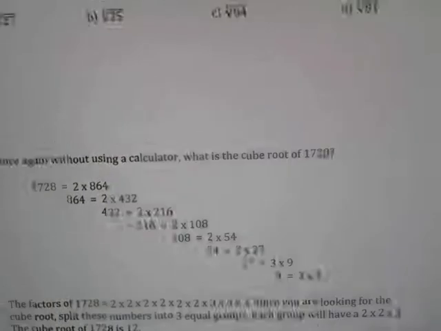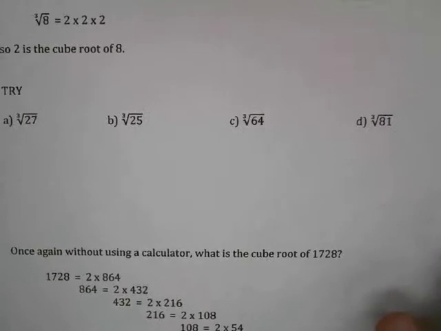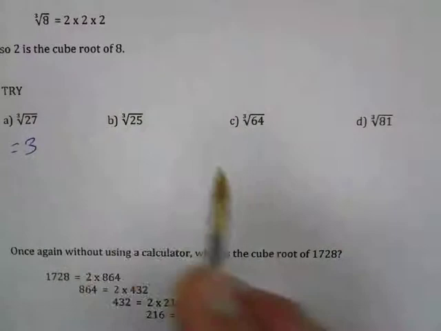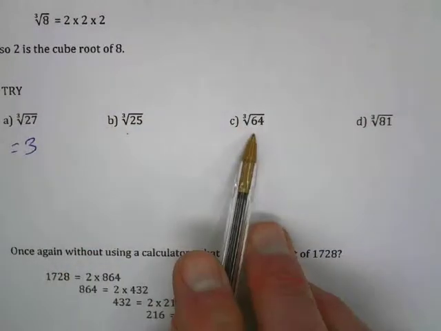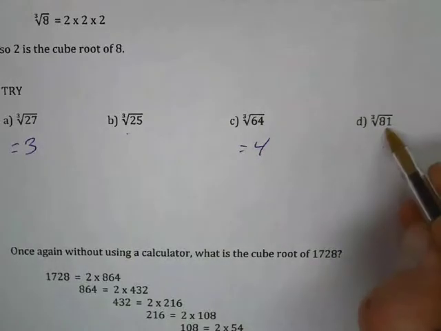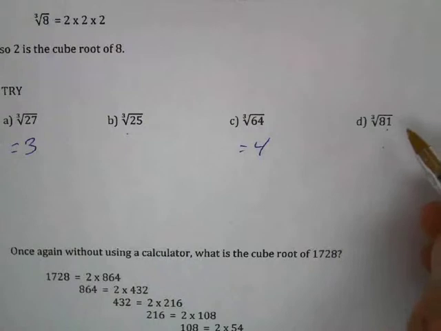Cube root, same thing. Once again, if I take a look at these, some numbers I should know. 3 times 3 times 3 is 27, so this is equal to 3. Not easy. 4 times 4 times 4 is equal to 64. You think that would be 3 times 3, but it's not. So I've got to plug these into my calculator. So this is cube root.